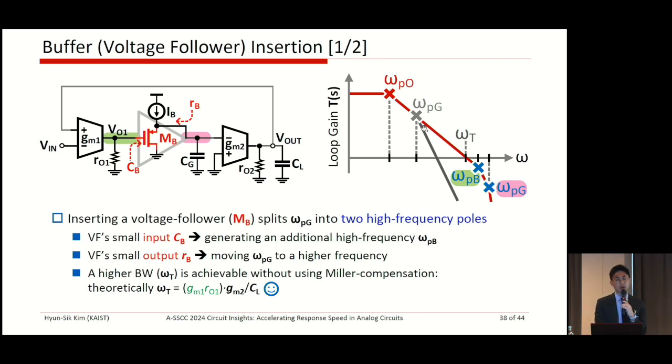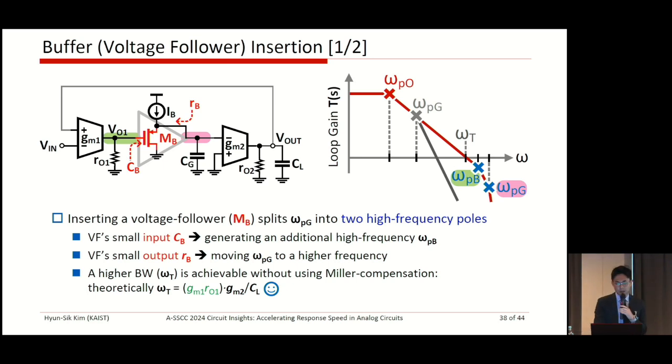This is the original gate pole, but by inserting this kind of voltage follower, we can generate two high frequency poles by utilizing the small input capacitance of the voltage buffer and the small output resistance of this voltage buffer. So we can be free from the constraint of the second pole, because these two poles are located at very high frequencies.